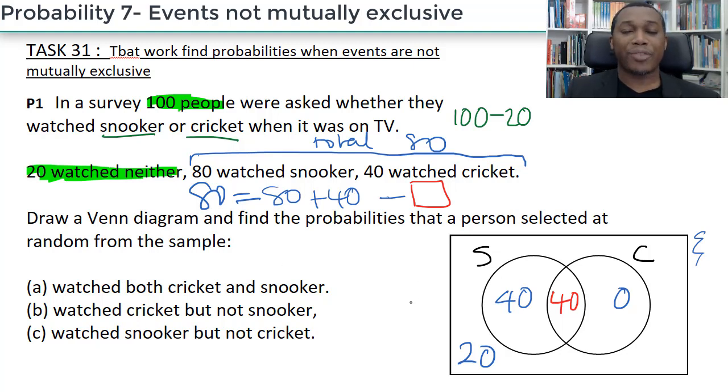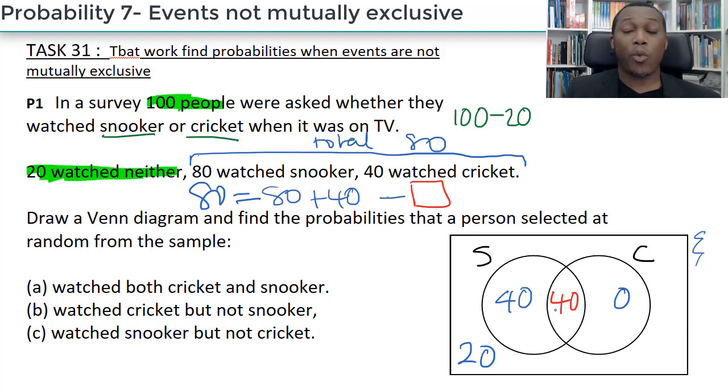Then we use the logic of how do we adjust for the overlap? We were given 80 watch snooker, so 80. I know I have to get a total of 80. That's where that 80 is coming from, because 100 take away 20 is 80. But how do I get it? I have to add all the people who watch snooker, 80 people, plus all the people who watch cricket, because that's what the two circles will give me, 80 plus 40.